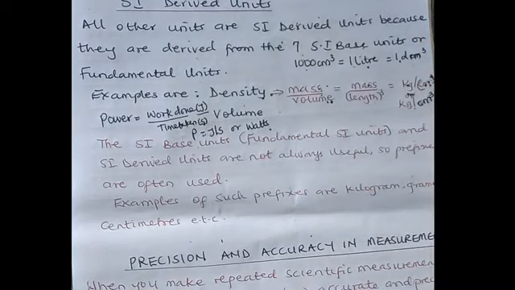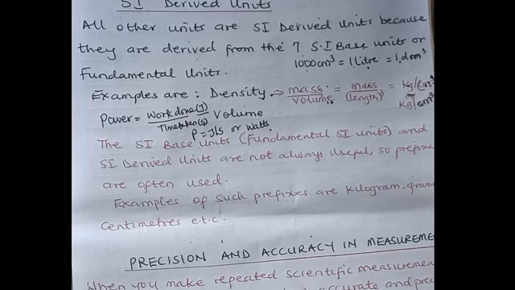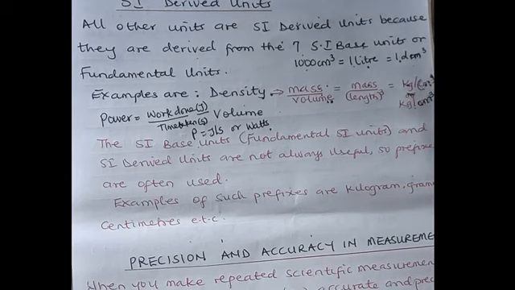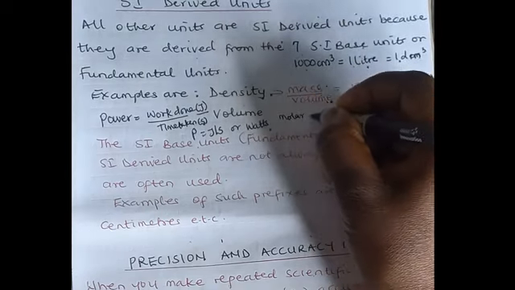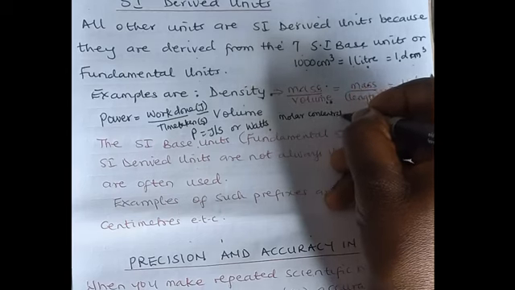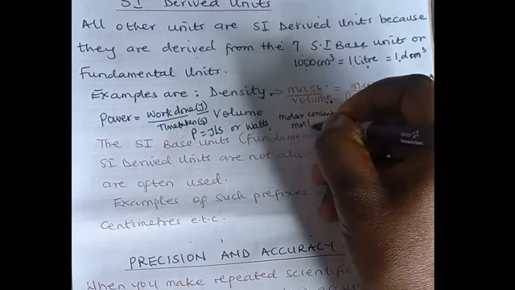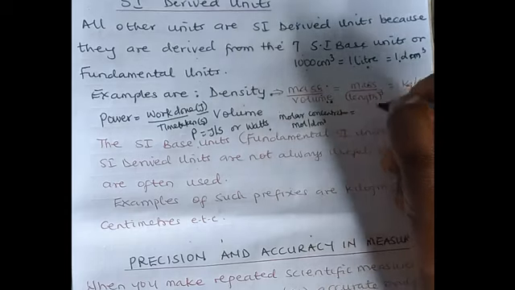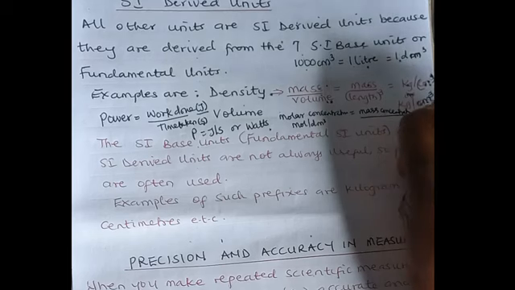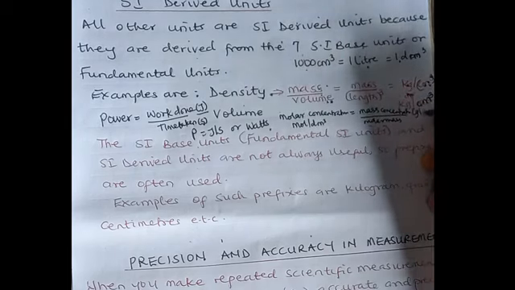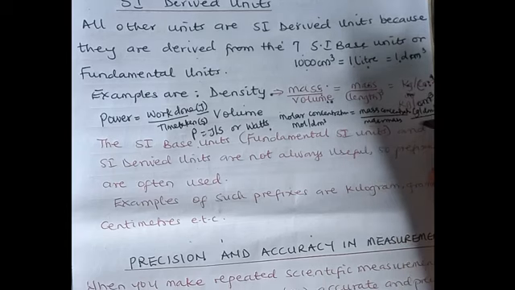We have other examples like molar concentration, which you are going to use in your titration. Molar concentration, which is known as mole per dm cube, is equal to mass concentration over molar mass. And the mass concentration is gram per dm cube, whereas molar mass is gram per mole.